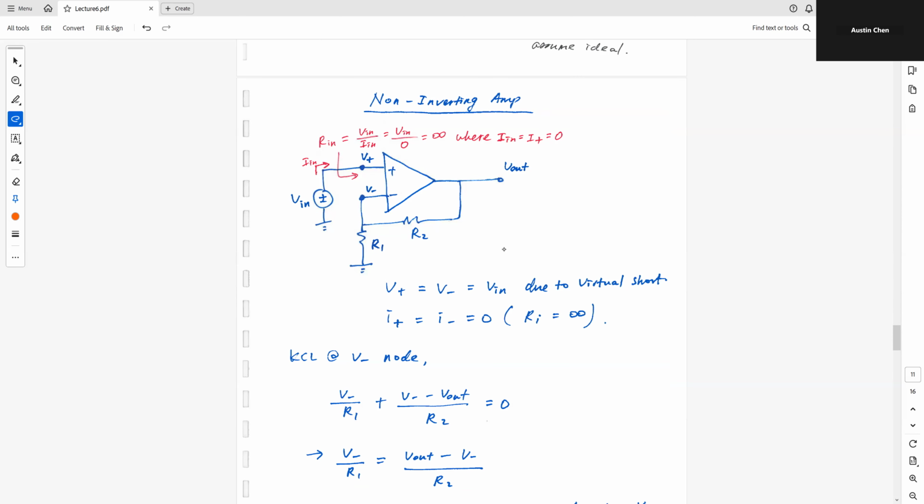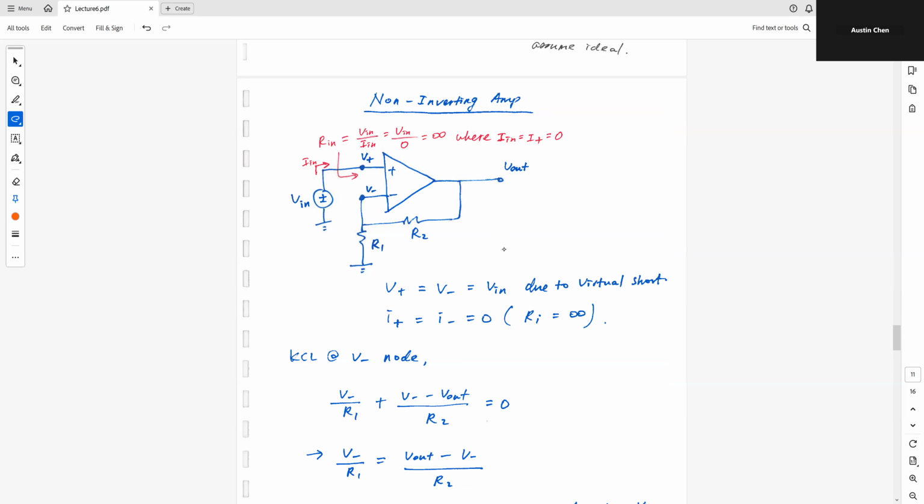First of all, as a sanity check, we always need to ask ourselves, is there a virtual short in this op-amp? The answer is yes. First of all, we know that we're dealing with this ideal block, so we assume that AOL is always very, very large, all the way to infinity.